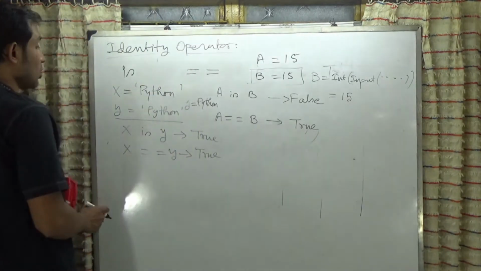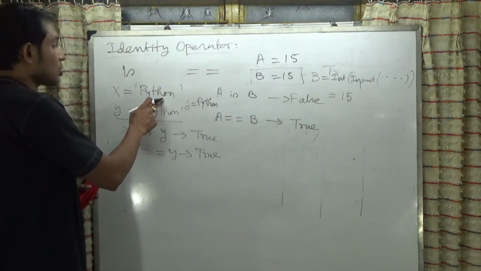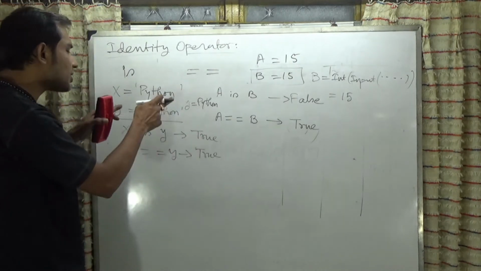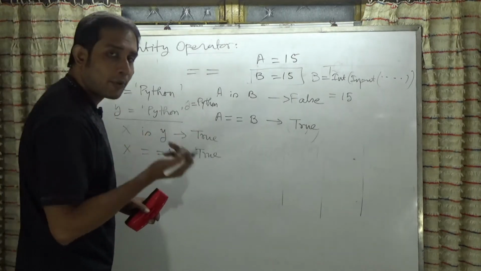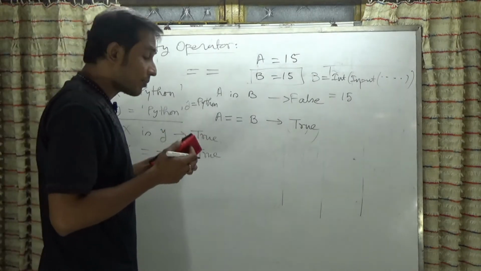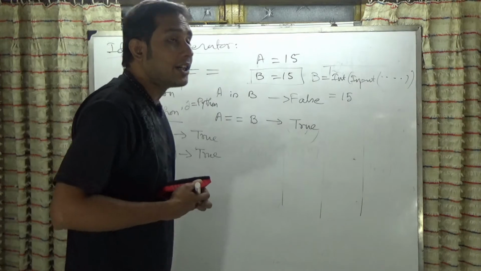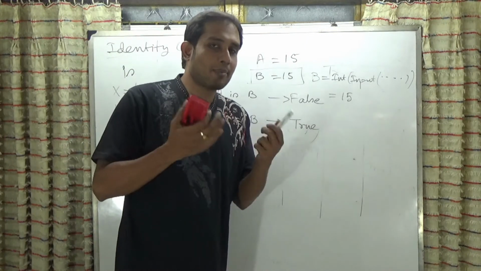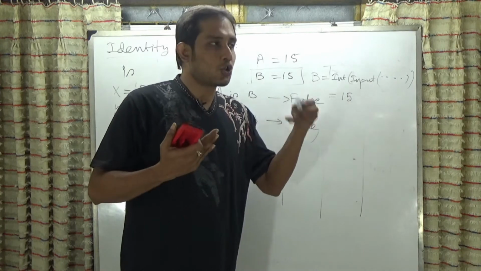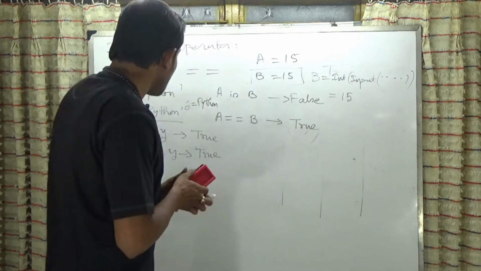In this case also, x holds Python and the inputted value of y is Python. Both are the same, but the memory addresses are different, because when we take input from the user, the values are stored in different memory locations.